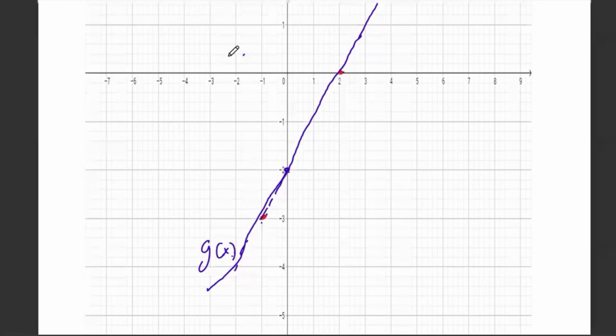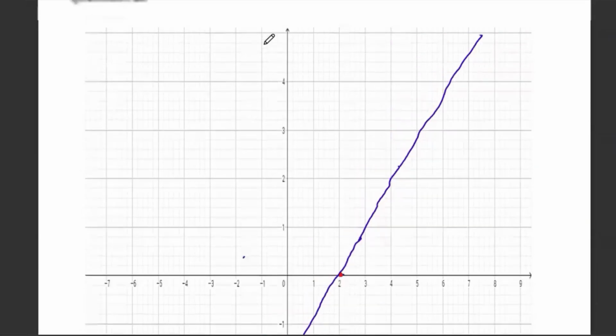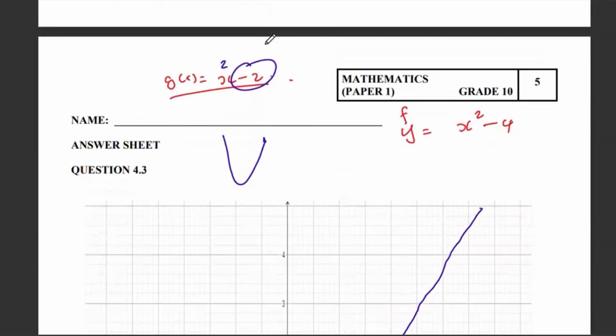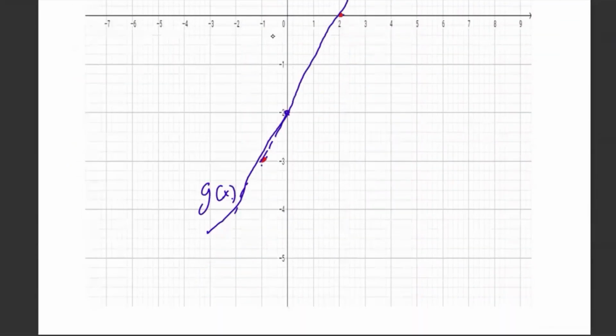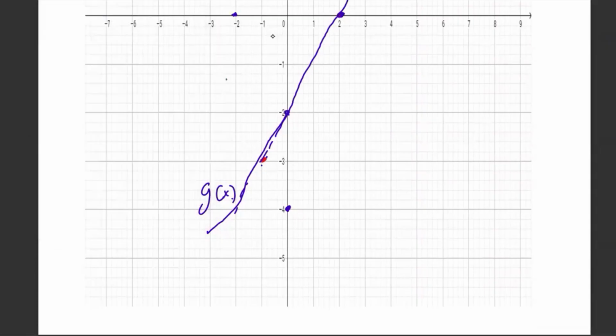Then our parabola, the a is positive, which means it's supposed to be a smiling parabola. So it's passing through -4 at the bottom here, meaning that it must go here and must also go through that point. Let me use green.